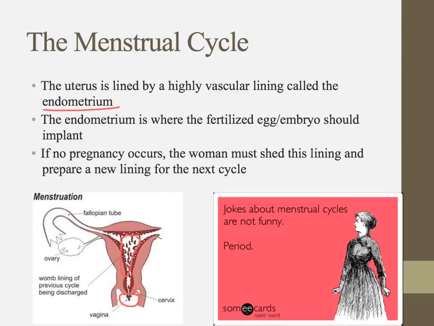This is where the fertilized egg or embryo should be implanting. That is only there to help you get ready for pregnancy. But if there is no pregnancy, the woman must shed this lining and then prepare a new one for the next cycle. So basically, this is like your body's way of punishing you for not getting pregnant. You've got to get rid of this endometrial lining and then start all over again.